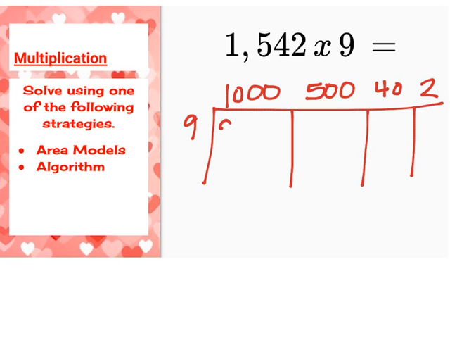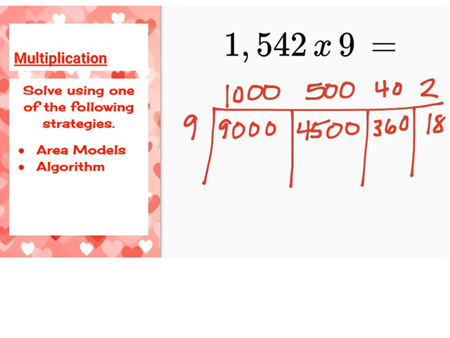Okay, 9 times 1 is 9, and then 3 zeros, so 9,000. 9 times 5 is 45 with 2 zeros. So that's not right. What did I do? I got 3 zeros here. That's right. I'm sorry. I had a brain cramp there. 9 times 5 is 45 and 2 zeros, 4,500. 9 times 4 is 36 and 1 zero. 9 times 2 is 18.